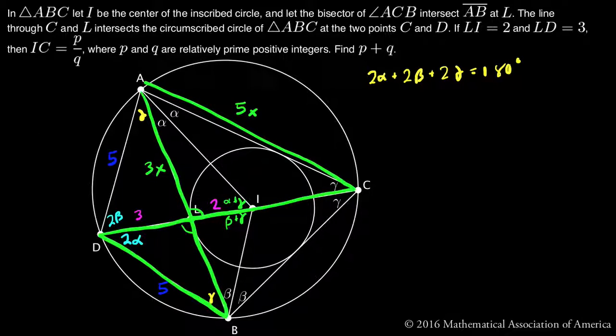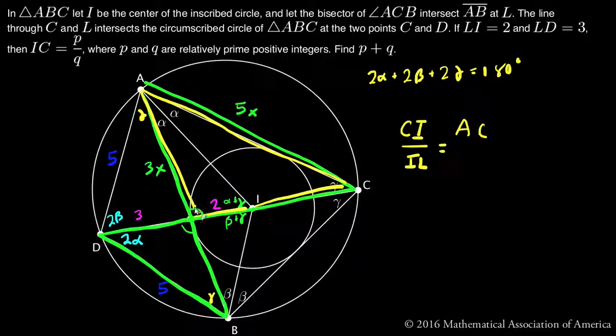And from the angle bisector theorem, and I'll write it out in letters, we have CI over IL must equal AC over AL. CI is what we are trying to find. I guess IC, same thing. IL we were given as 2.